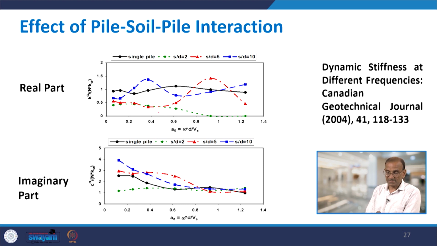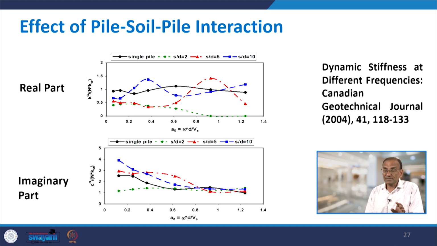For the low spacing your behavior is quite different. After a certain point you will have negative values. While in the case of S by D equal to 5 and 10, the peak values happen at very different frequencies. So, the peak value depends on case by case, and negative stiffness may come when you have S by D equal to 2.